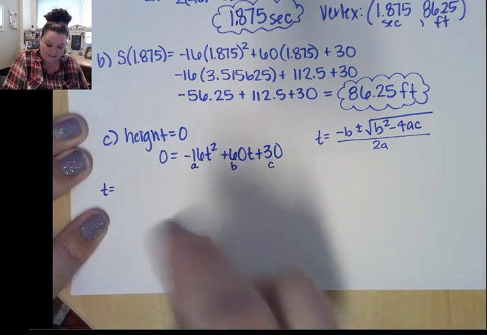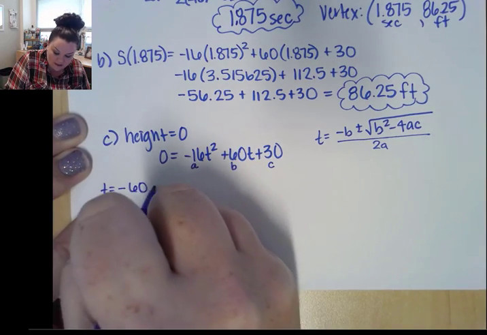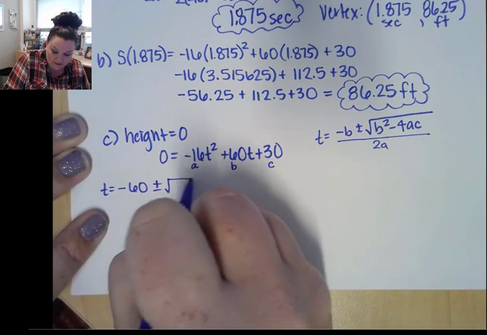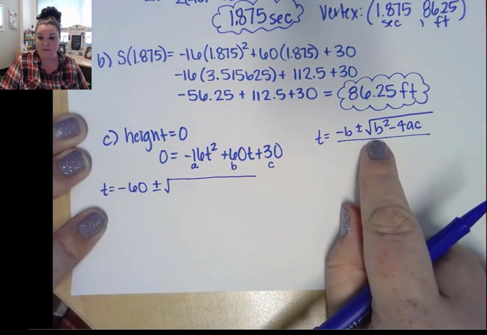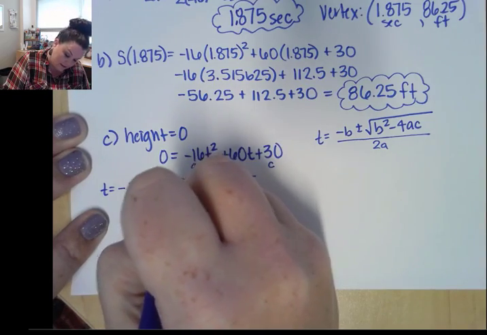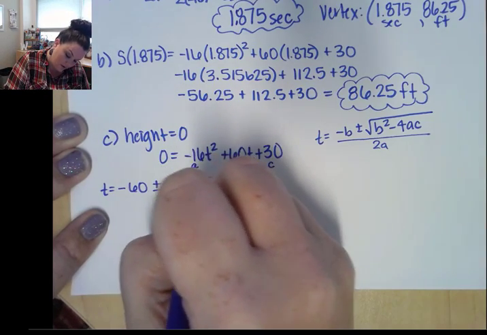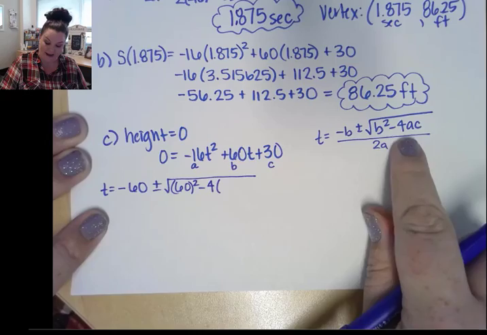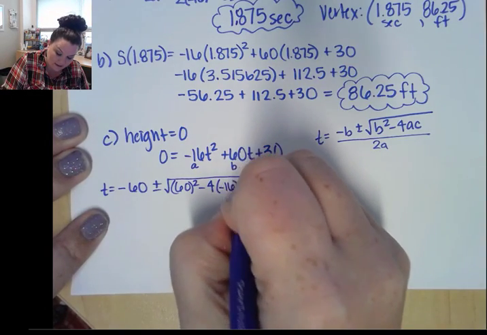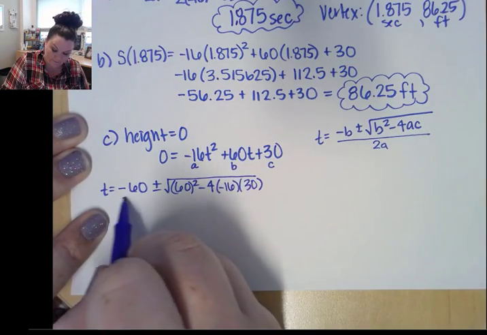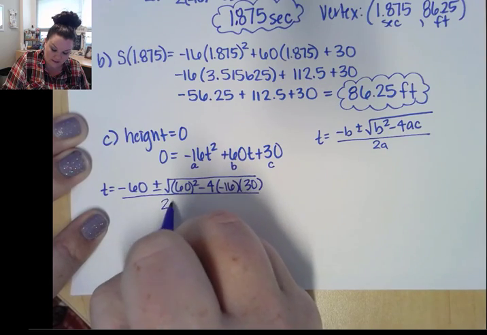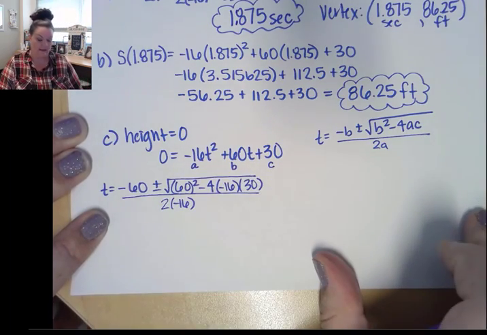So if my b is 60, then the opposite would be negative 60 plus or minus the square root of b squared, so 60 squared, minus 4 times my a, which is negative 16, times my c, which is 30, all over 2 times a, which is negative 16.